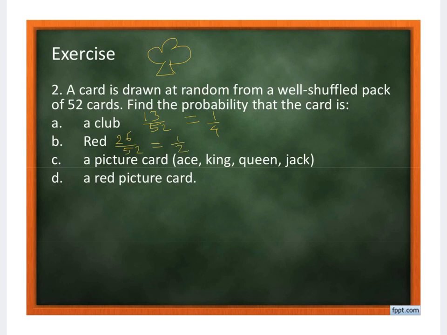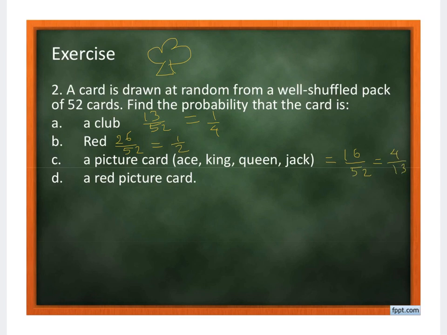A picture card: ace, king, queen, and jack. There are 4 of each, so the total is 4 times 4, 16. 16 over 52 equals 4 over 13.